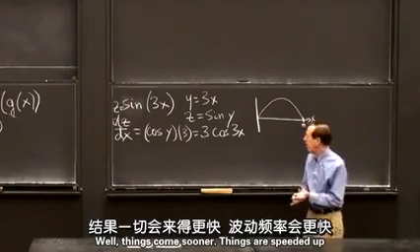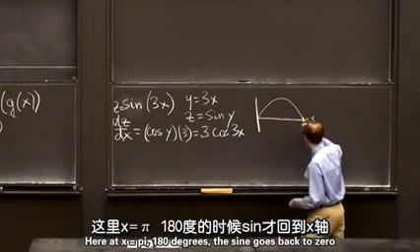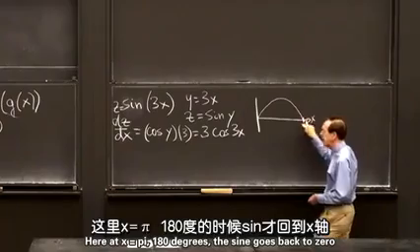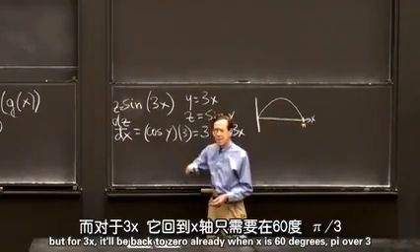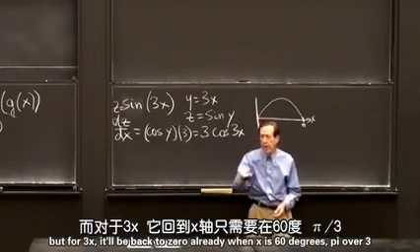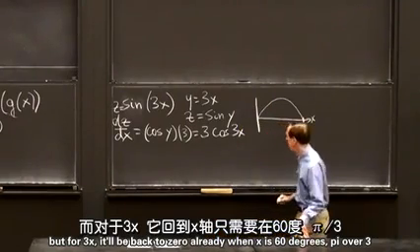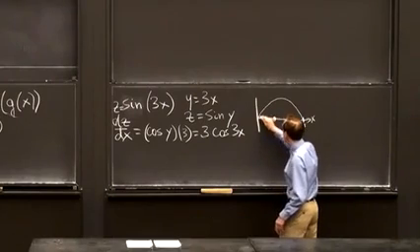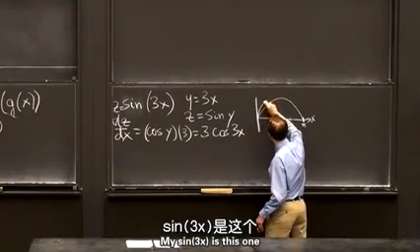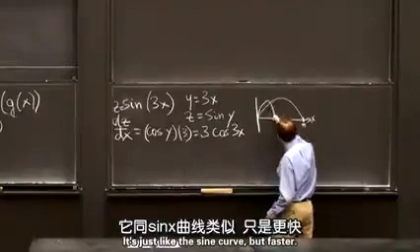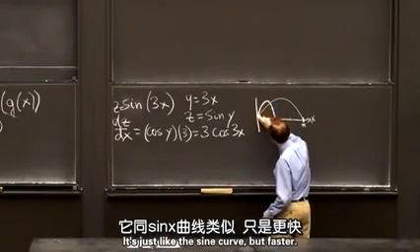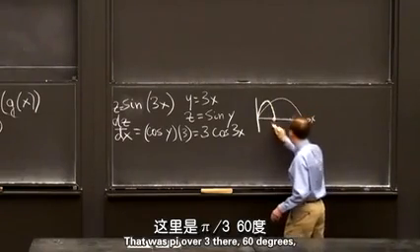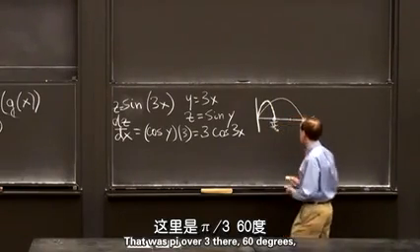Things are speeded up. Here at x equal pi, 180 degrees is when the sine goes back to 0. But for 3x, it'll be back to 0 already when x is 60 degrees, pi over 3. So 1/3 of the way along, right there, my sine 3x is this one. It's just like the sine curve, but faster. That was pi over 3 there, 60 degrees.